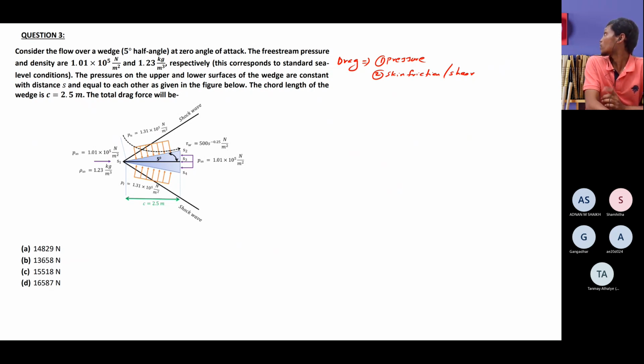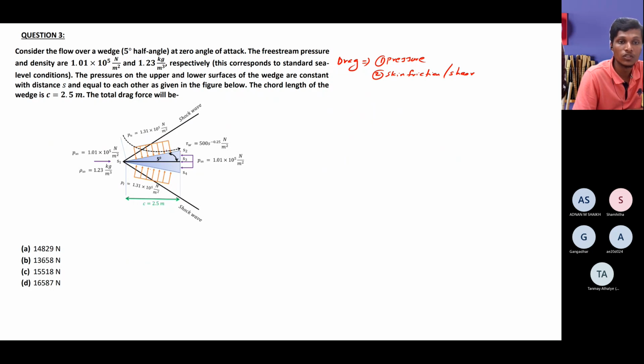On the upper surface, the pressure is constant from the leading edge to the trailing edge. This is a constant pressure on both the upper surface and the lower surface.